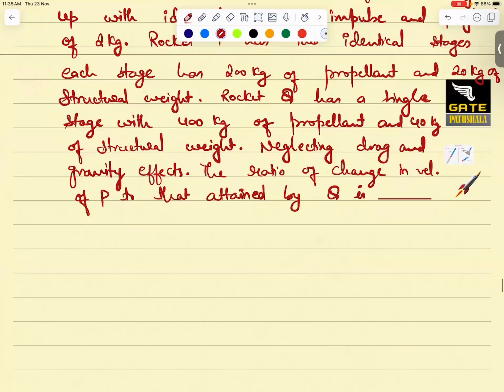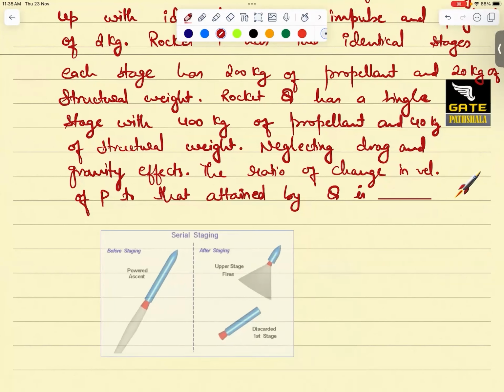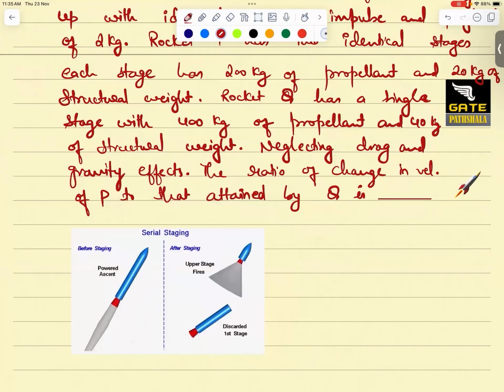Come on, guys. So the given story is like this. You have the rocket P, which is like this, and you have the rocket Q, let's say, which is having a single stage like this.